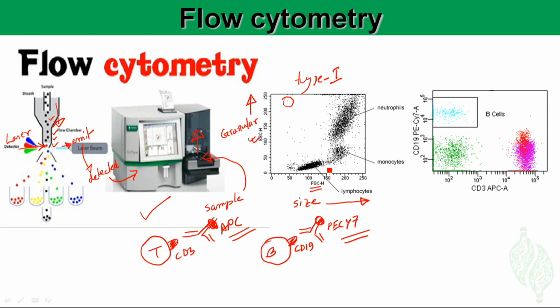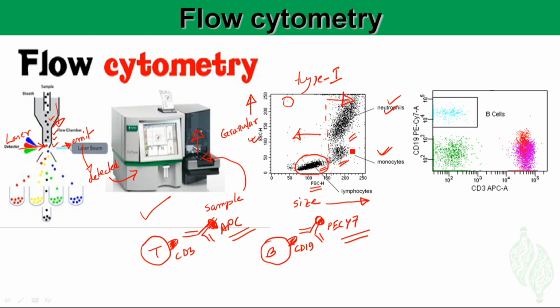For example, here is a typical plot of the leukocytes, where you can see these are the lymphocytes, which are smaller than the monocyte and the neutrophil. That's why they are on the left side of the FSC x-axis. But the monocyte and the neutrophil are bigger, so they are on the right side of the x-axis.